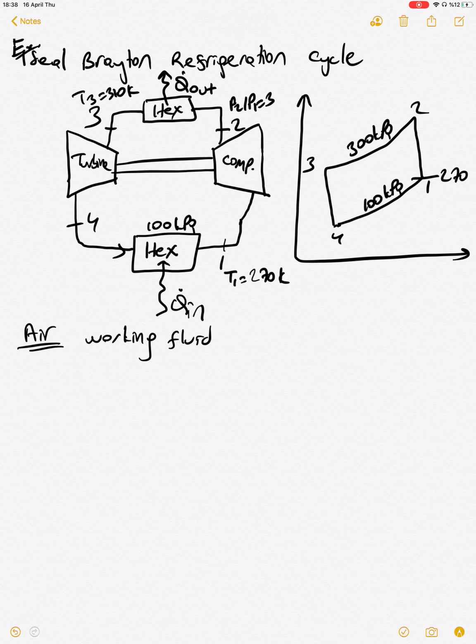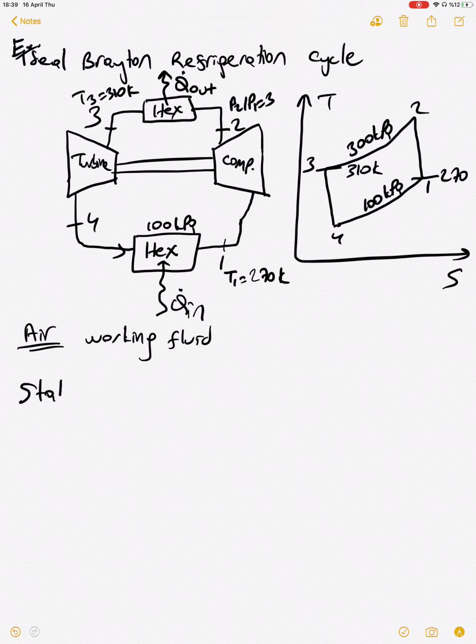So this is 270 and this is 310 Kelvin. So this is the TS diagram. These are the data, and we are asked to calculate the net work, the refrigeration capacity, the coefficient of performance, and also what is the coefficient of performance of a Carnot refrigeration cycle operating between the same reservoirs.